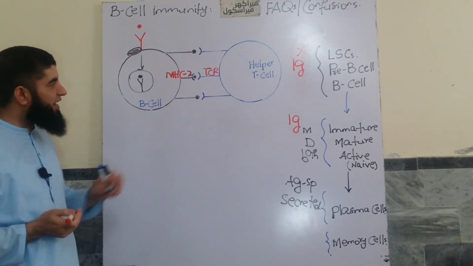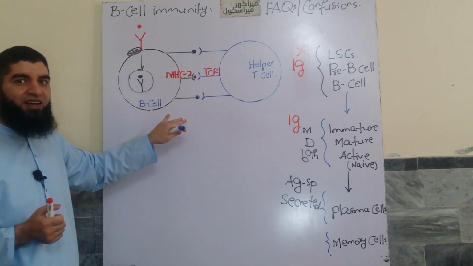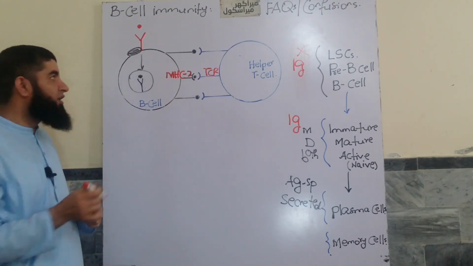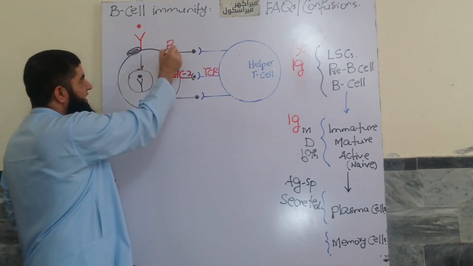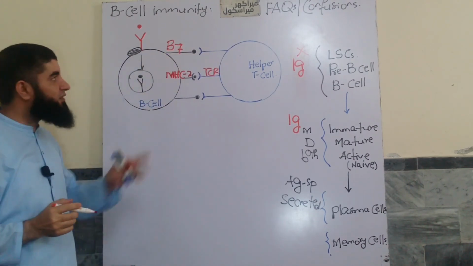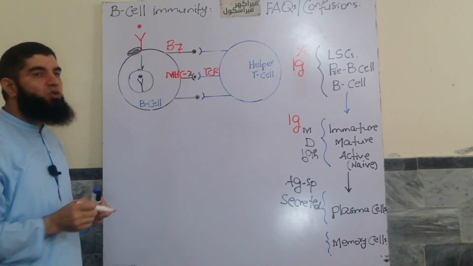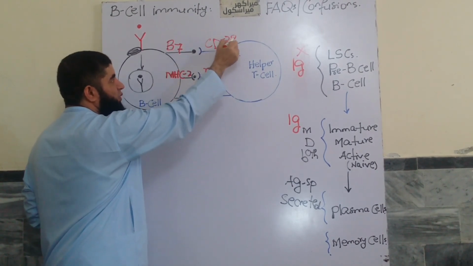At the same time, in addition to this interaction, there is some physical interaction at other levels as well. For example, the B cells interact with their surface markers, the B7, with the T cell through their surface receptors CD28.